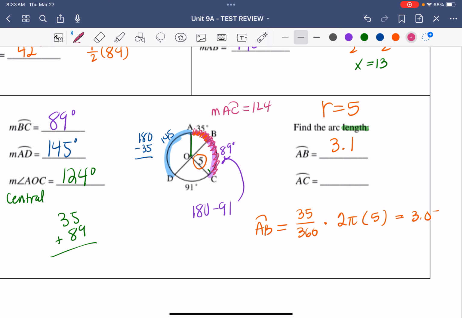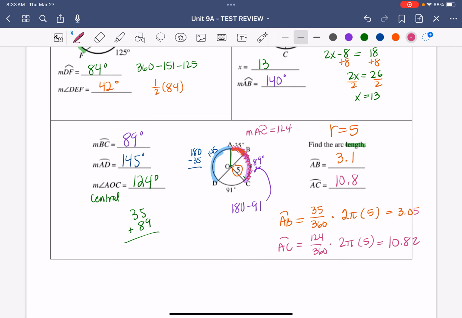But if I want to find its length, we're going to do 124 out of 360. And then again, times 2 pi r. And that gives me 10.82, which is just going to round to 10.8.